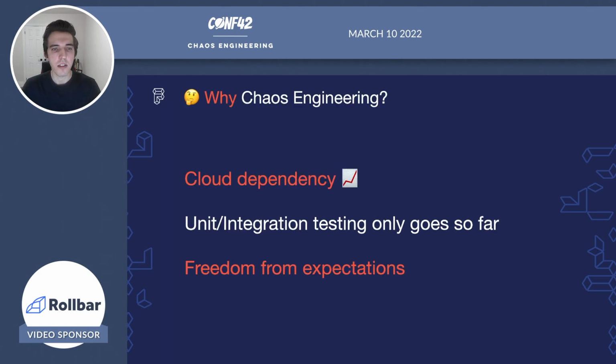Chaos engineering is a discipline that will continue to grow organically as we depend more and more on cloud providers in the industry. Because of the nature of cloud computing, we need more assurances of availability as new and unexpected outages continue to occur. Unit and integration testing can only really take us so far, as these methods typically verify how functions or application code is supposed to respond.